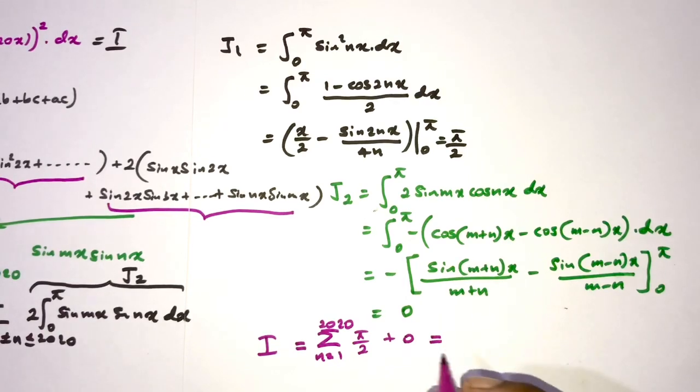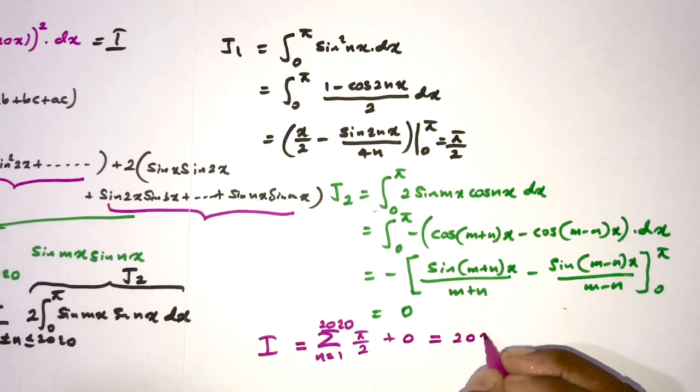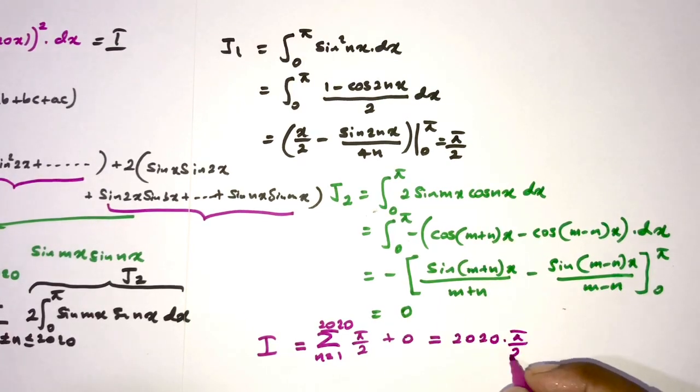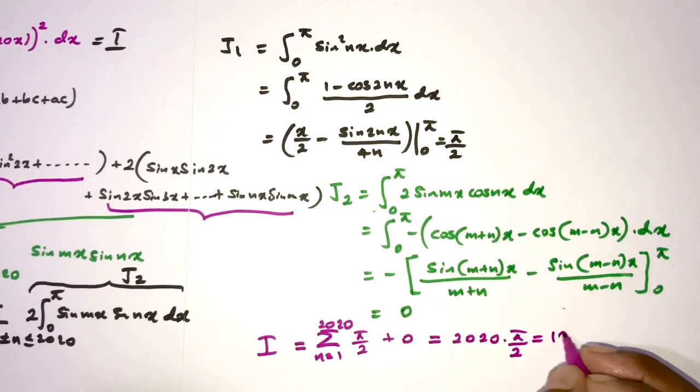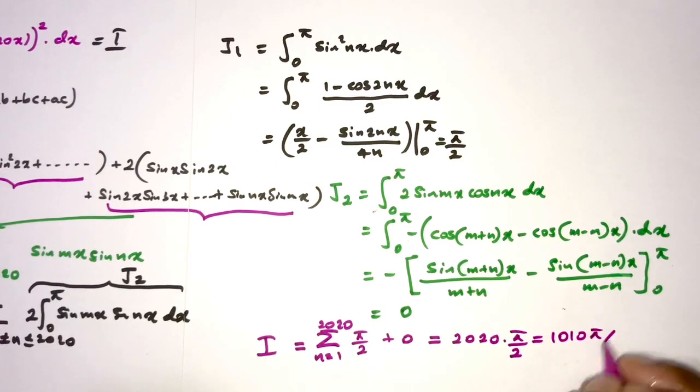Now we can simplify: the sum of n equals 1 to 20 of pi over 2 is 20 times pi over 2. Now the 2 cancels, and this is the final answer.